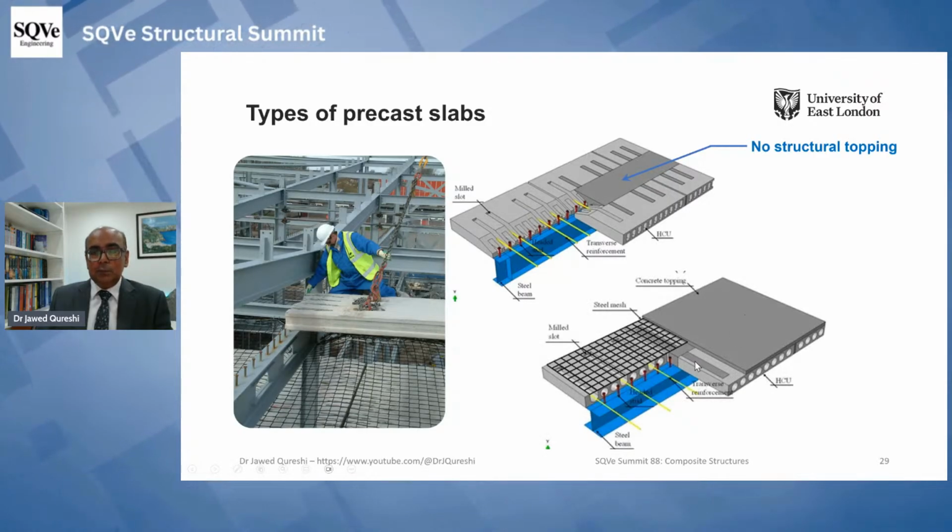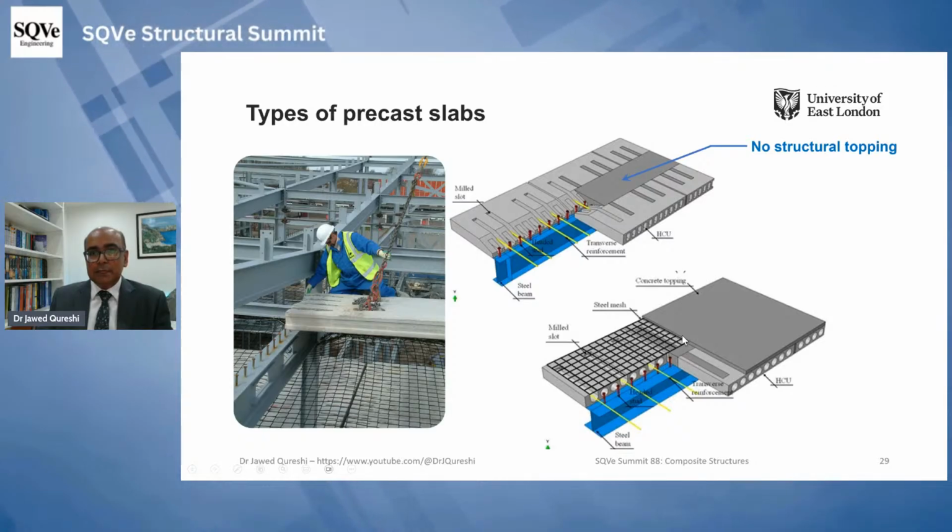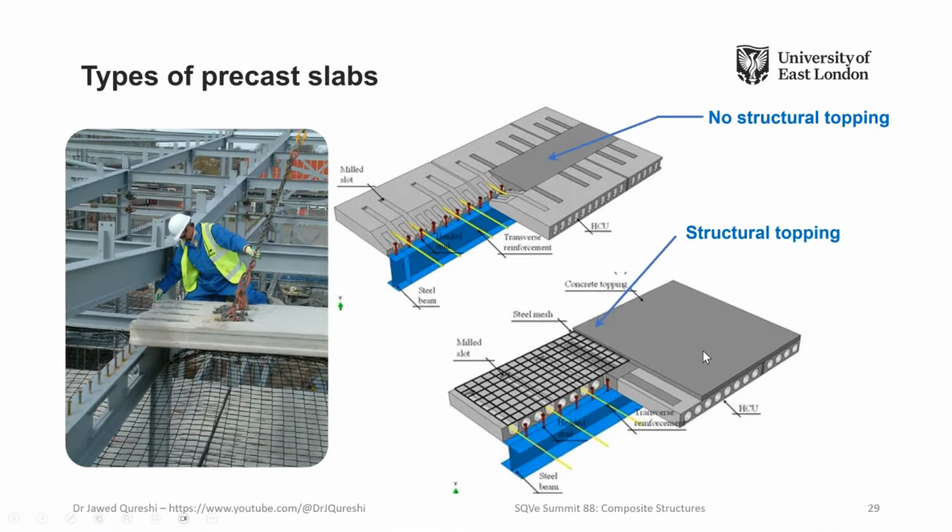Secondly, we have this configuration, everything is the same, except that we have structural topping by having some mesh reinforcement, and on top of that we have this topping. But no structural topping is more common in the UK, and I guess it must be more common in other countries as well.